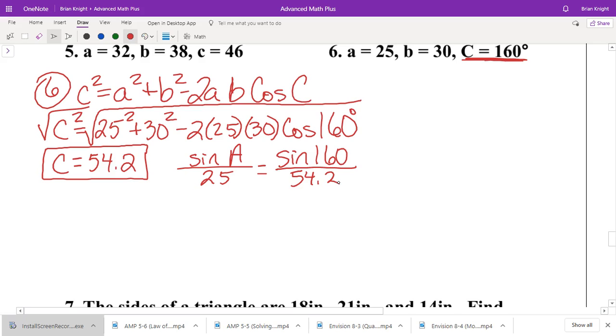All right. I'm going to move the 25 over here. And then how do I get rid of sine? Inverse sine. So A will be the inverse sine of 25 sine of 160 divided by 54.2.